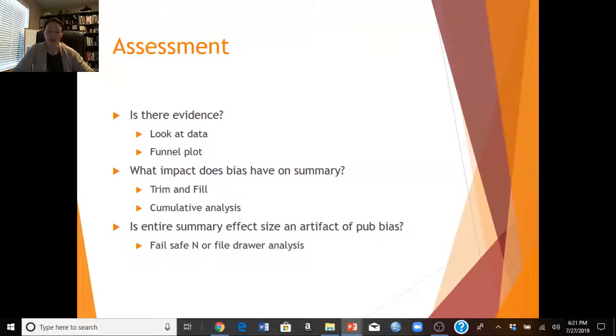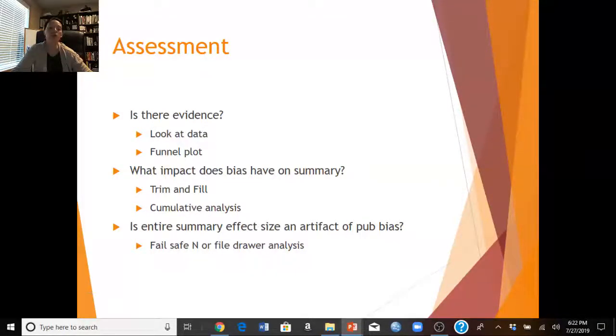So how do we assess for this? You're going to be assessing three different things. So first we want to look at, is there evidence of bias? Second, what impact does the bias have on our summary effect size? And then finally, is the entire summary effect size simply an artifact of publication bias? And so the ways in which we analyze each of those three things.